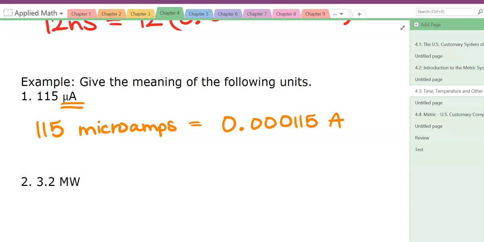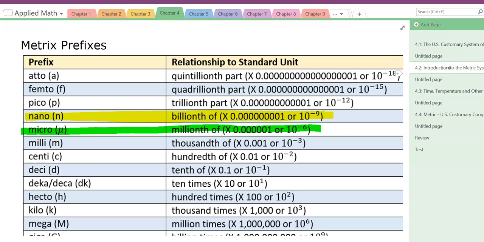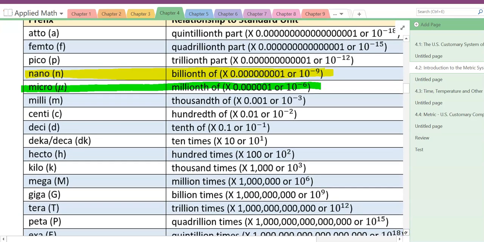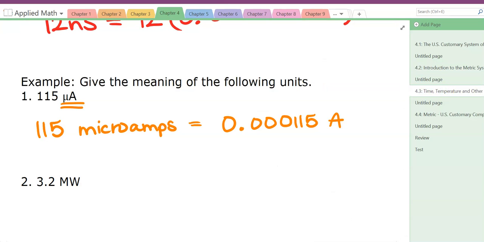Number 2 says 3.2 and then capital M, capital W. What does capital W stand for? A watt. Okay, so let's come back to this chart and find our capital M. Where do you see capital M? Mega. Right here. So it's a megawatt, so it's 3.2 megawatts.